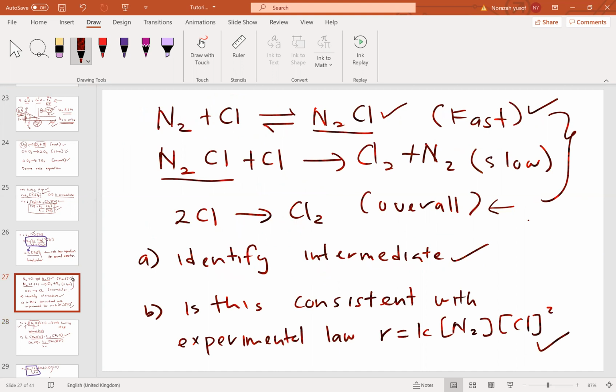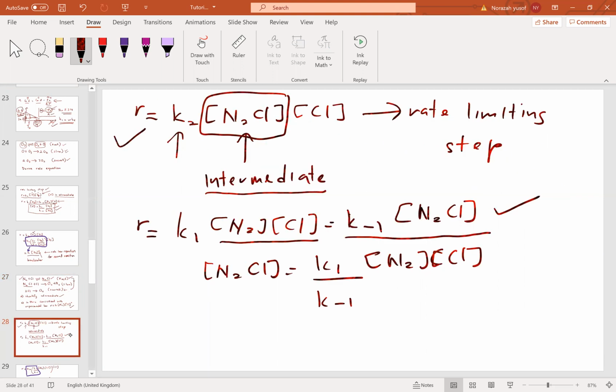This is based on the fast reaction. Now we rearrange the equation so that N2Cl can be expressed in this form.